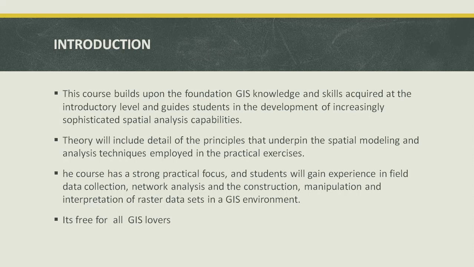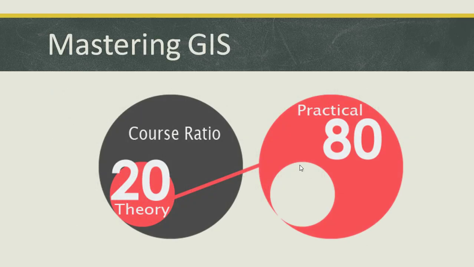So let's get started. What will we learn, and what is the ratio of practical and theory sessions in this course? We will put more emphasis on practical, but we also discuss theory.